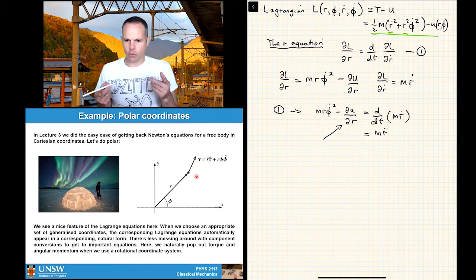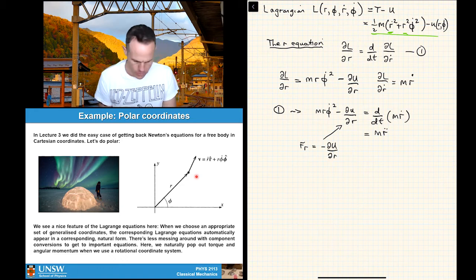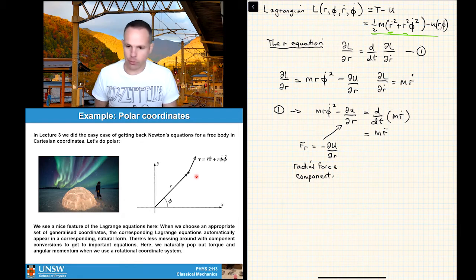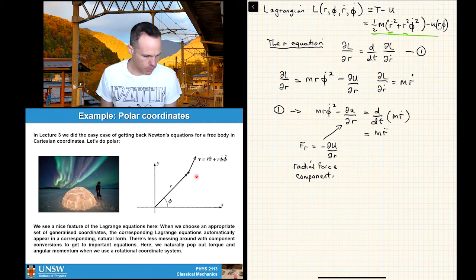It's just the radial version of our force equation. So what this is, F of r is equal to minus dU on dr. And it's just the radial force component. And if you've done enough mechanics problems in polar coordinates previously, you'll know that the force term for the radial component is the easy one. It's the other two angular components that get a little bit tricky because of the way the calculus works in polar coordinate systems.